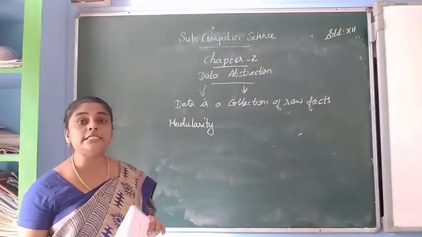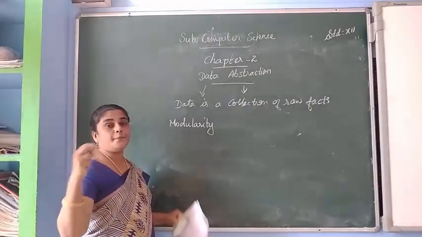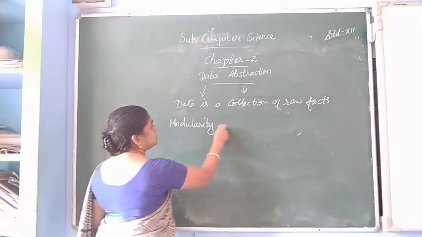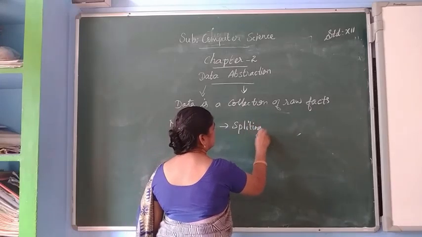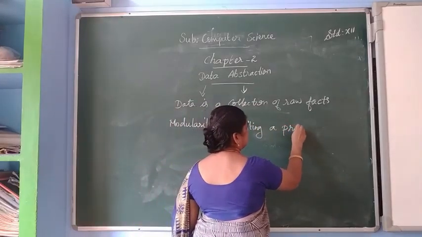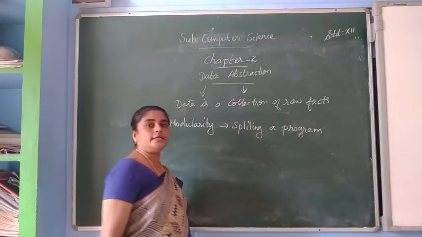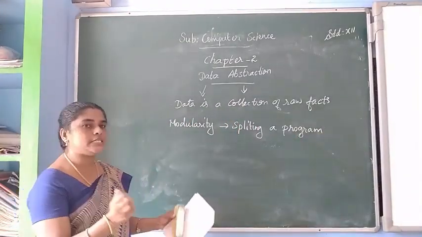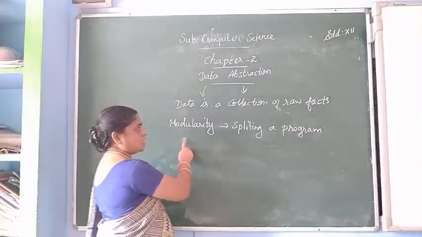Abstraction provides modularity. Modularity means splitting a program. Splitting means what? Dividing the program into several small modules, small sections. That is known as what?